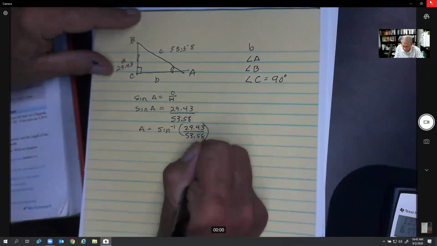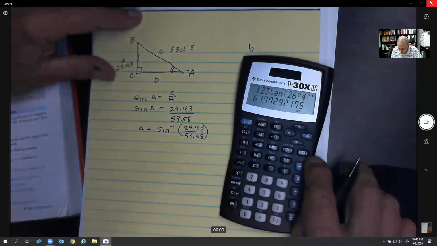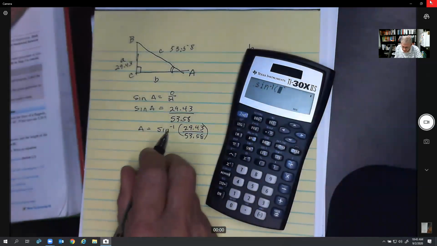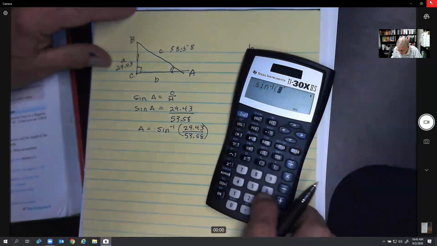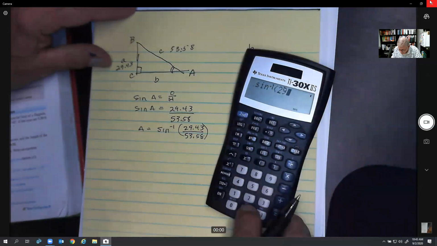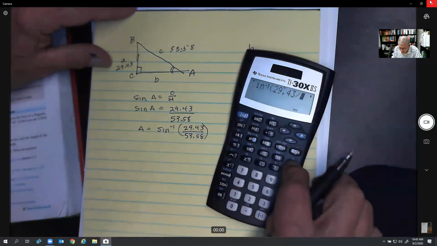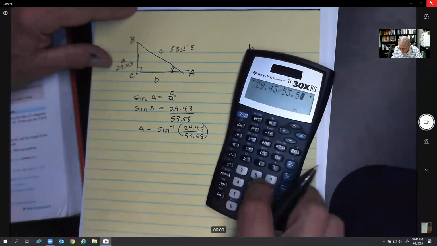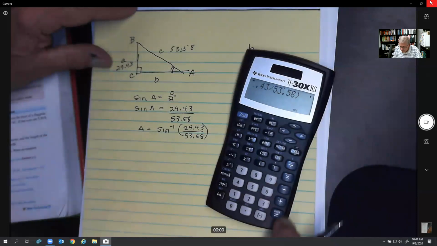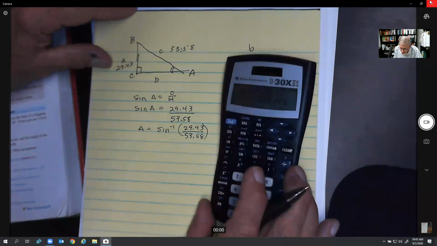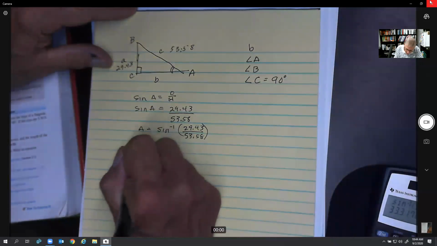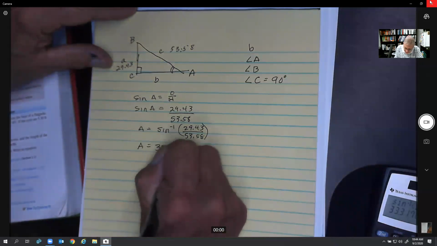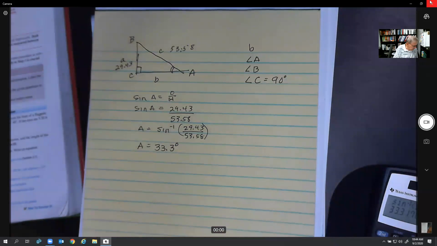Okay, so we're going to hit second sine, because I'm doing inverse, 29.43 divided by 53.58. That way we don't have to do 2 different values. It equals 33.3, and that's the number of degrees. Let's see if that's what they came up with.